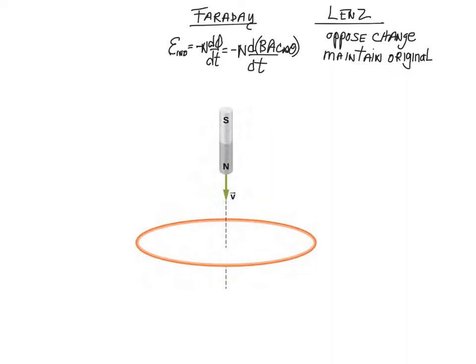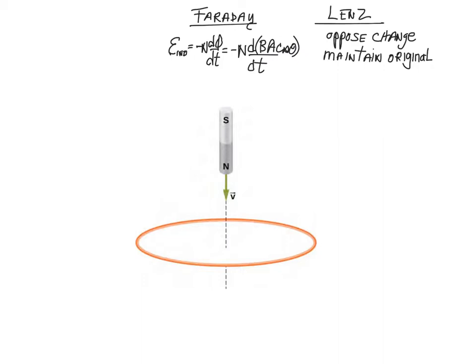Okay, this is the same as what we just did. If you drop a magnet through a conducting loop, as the magnet approaches, the field along the negative y direction, negative j hat direction, is going to be increasing. And so to oppose that increase in flux, the induced current has to produce a field in the positive j hat direction.